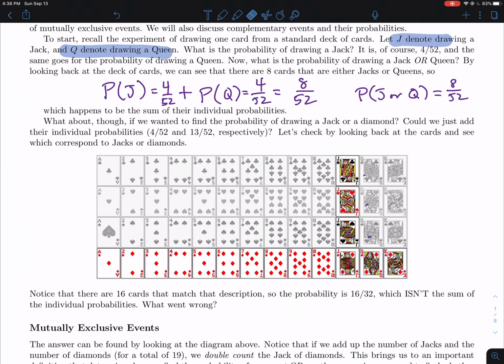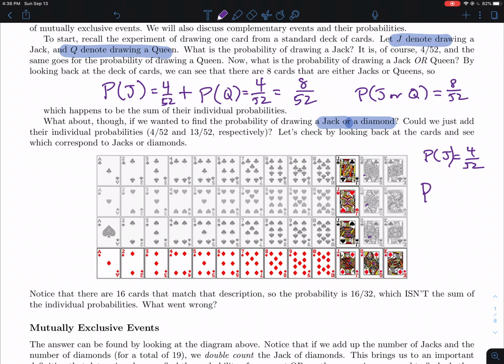So let's look at the next example here. What if we wanted to find the probability of drawing a jack or a diamond? Again, the probability of getting a jack we saw before was 4 out of 52.